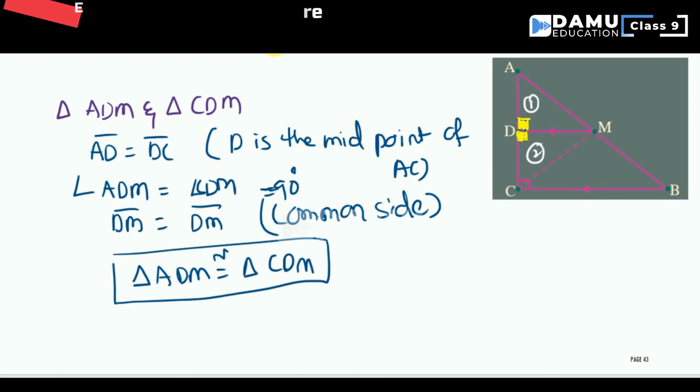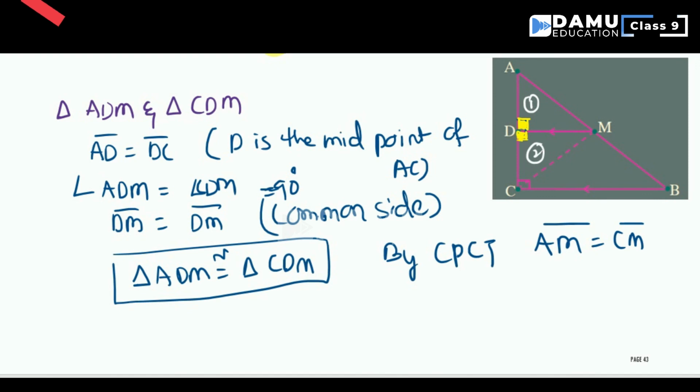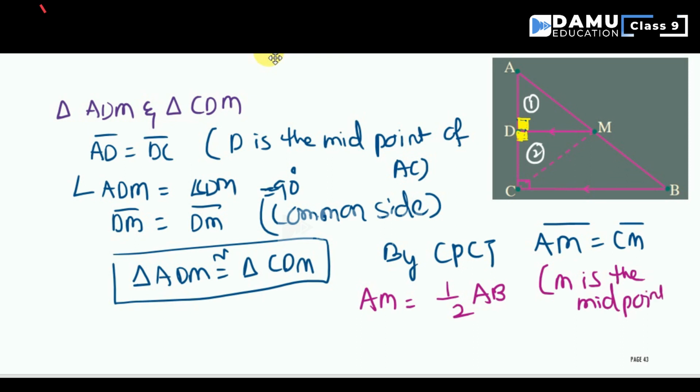Then by CPCT, AM is equal to CM. But what condition do we have to use? AM is equal to half of AB, since M is the midpoint of AB.